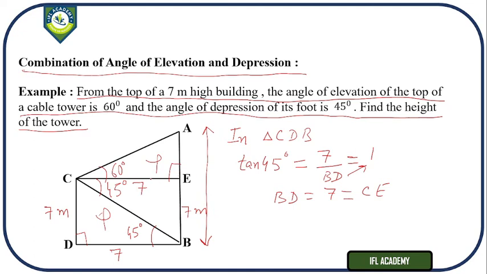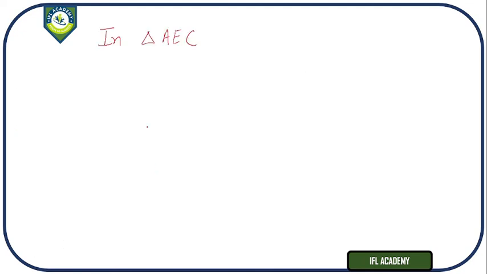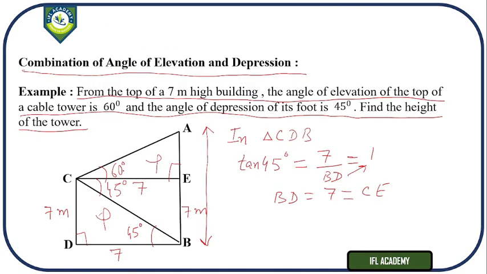CE is 7, so tan 60 degree will be equal to perpendicular AE upon base CE.